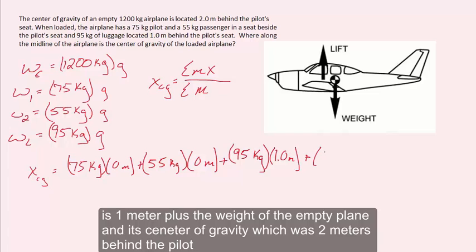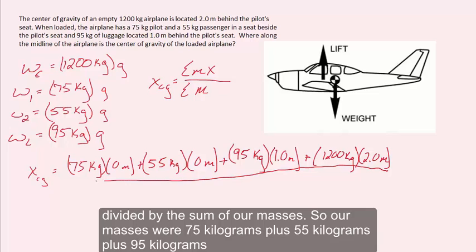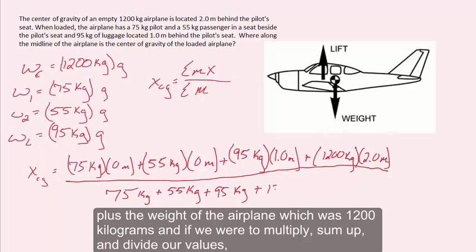plus the weight of the empty plane and its center of gravity, which was 2 meters behind the pilot, divided by the sum of our masses. So our masses were 75 kilograms plus 55 kilograms plus 95 kilograms plus the mass of the airplane, which was 1,200 kilograms.